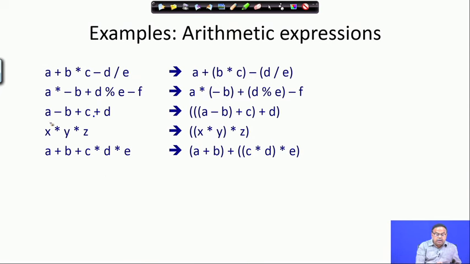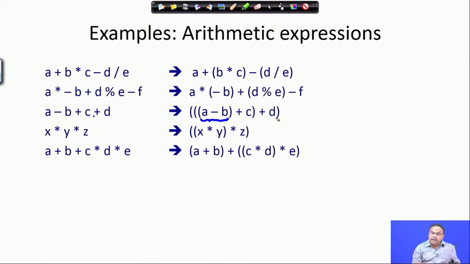Now, here these are having the same priority, left to right. Now, I want it to be done in a particular order. Therefore, I have put the parenthesis in such a way that A minus B should be done first, then A minus B plus C will be done, then D will be added to that.